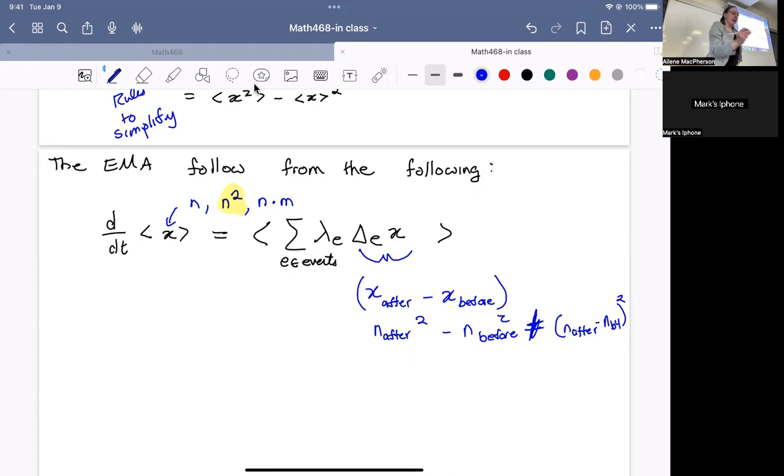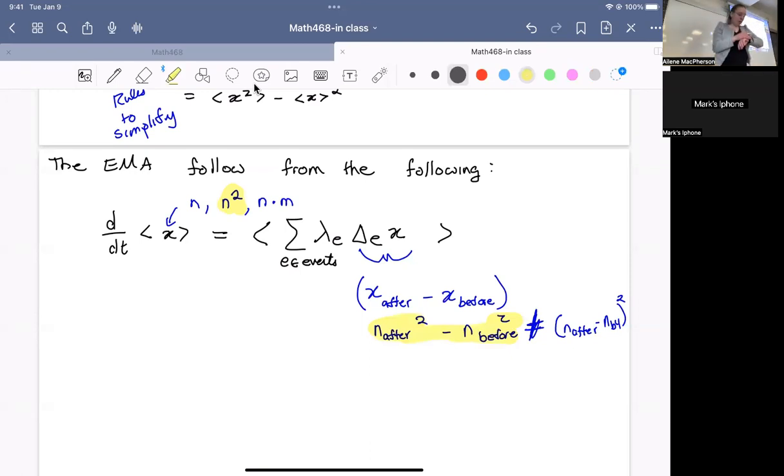Okay, so that is not true. So it's the change in this quantity x due to the event, so we have to take the whole quantity after minus the whole quantity before, not the change squared.